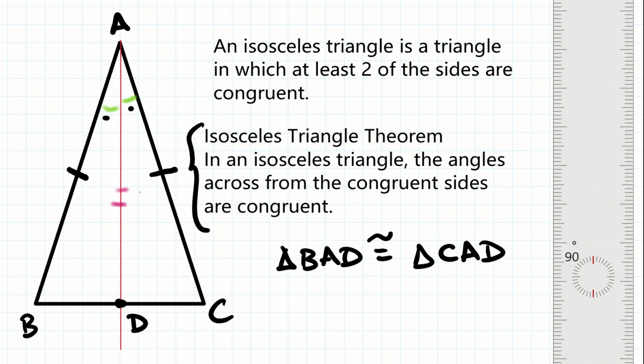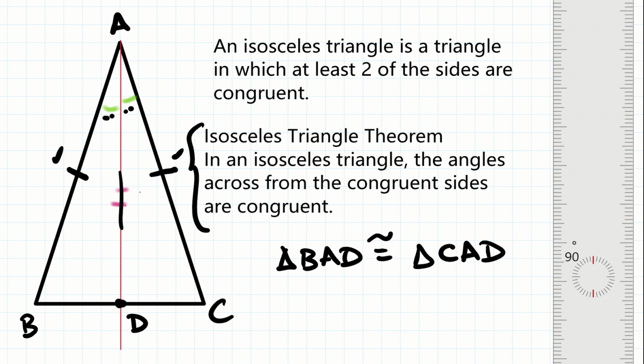You see I clearly have the sides, this side, the included angle, and then this shared side down the middle. So they're congruent because I can write a proof, and I just verbally wrote the proof with my words, that those triangles have to be congruent to each other.